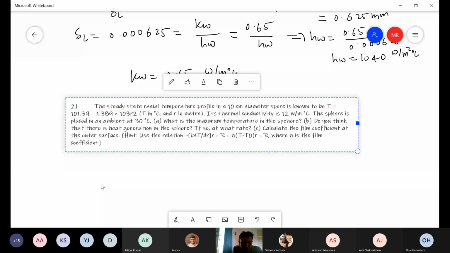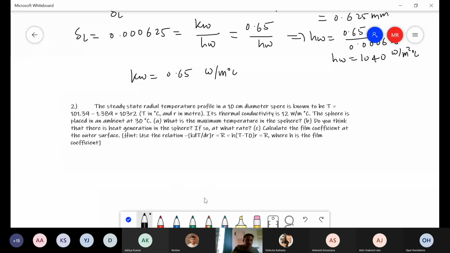Okay. Now what is given in this question is the steady state radial temperature profile in a 10 centimeter diameter sphere. So I am writing this here. The square is not visible correctly. So this is 10 raised to the power 3 here. It's not 103. Okay, so I'm just writing down the correct expression here.